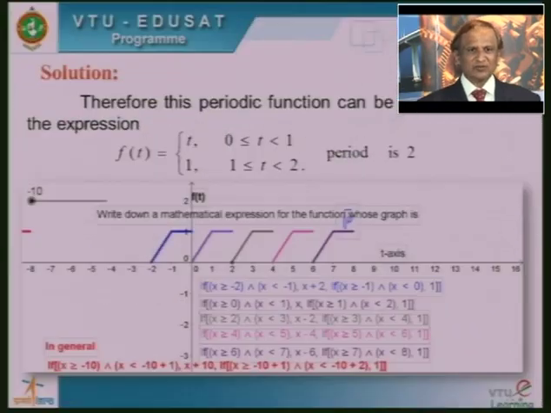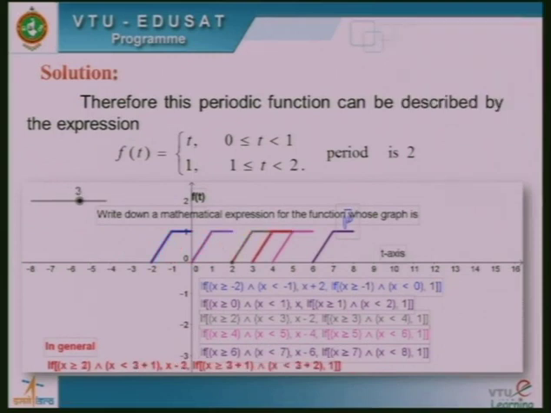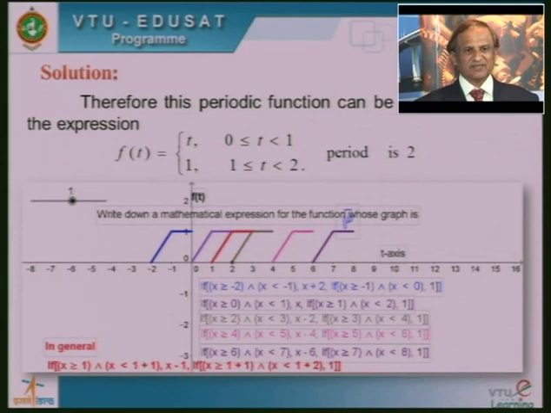I hope now you are able to write down the function. You observe, therefore, this periodic function can be described by the expression f of t is equal to t, where 0 is less than t is less than 1, and f of t is equal to 1 for 1 less than or equal to t strictly less than 2, with the period 2.